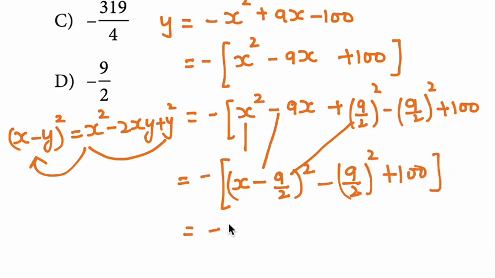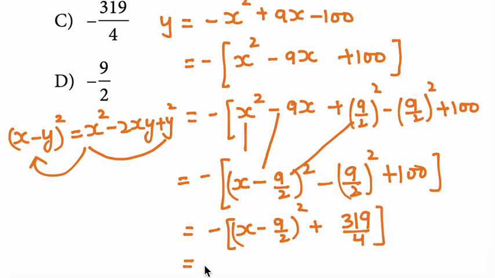So this is negative x minus 9 by 2 whole squared minus, and if you solve this, plus 319 by 4. Now open it, this is equal to negative x minus 9 by 2 whole squared, negative 319 by 4.